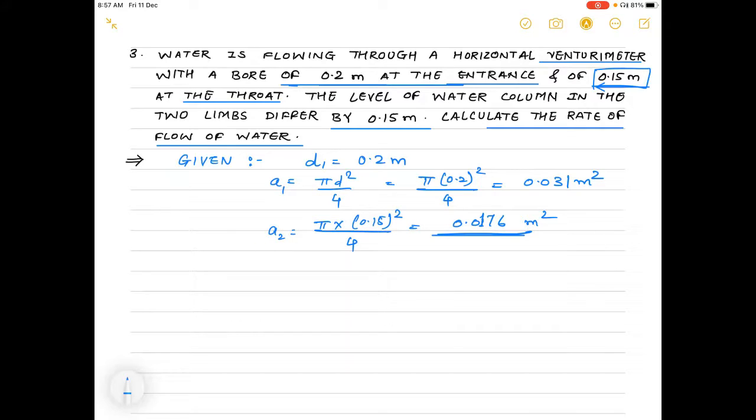So A1 and A2 are given to us. Then H, that is the level difference between the two limbs, is given to us, which is 0.15 meter. We have to calculate the rate of flow of water, that is Q is equal to what?